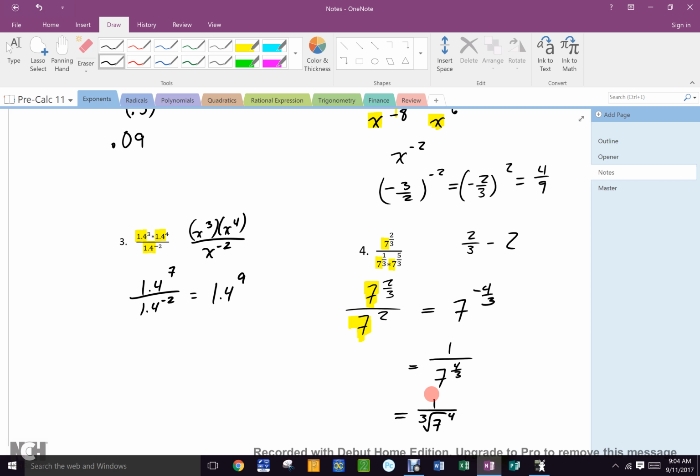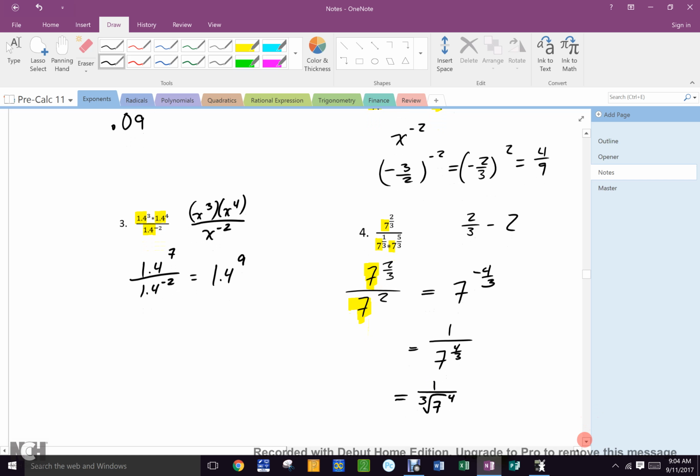No. If I cared, what would I do? I would put it in the instructions. Does everybody understand? If I said in the instructions, I want this in radical form, you would give me that. If I say I wanted an exponent form, you would give me that. If I said I didn't care, what would you write? Whichever one you were comfortable with. Cool? Okay, turn the page over.